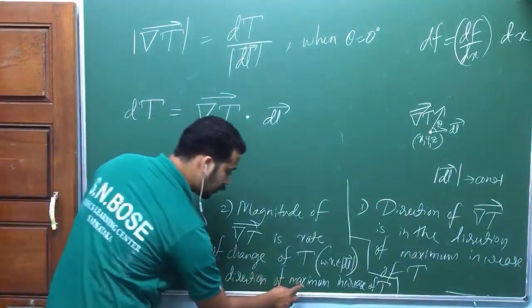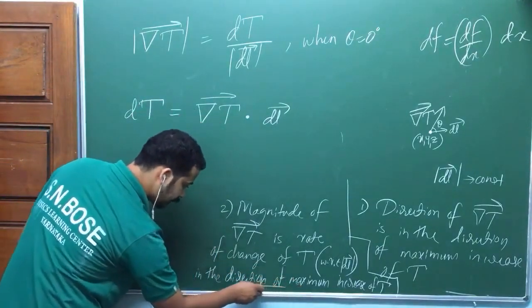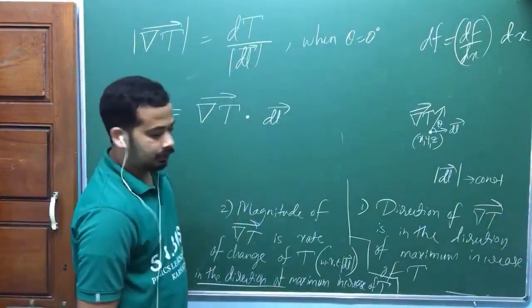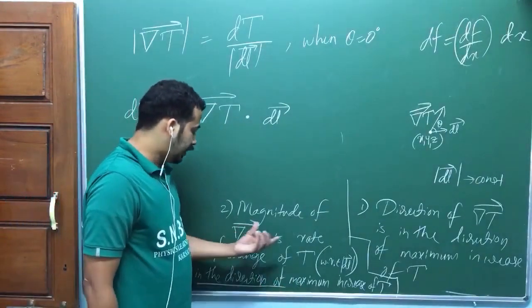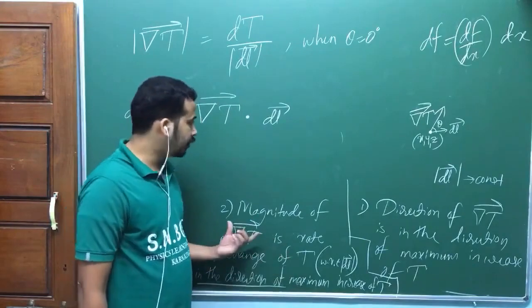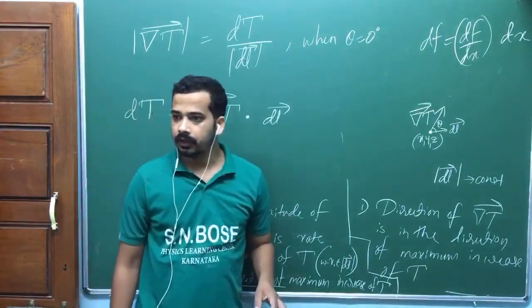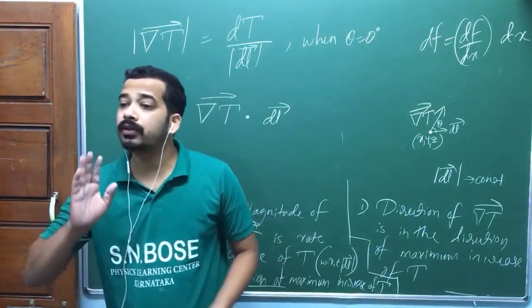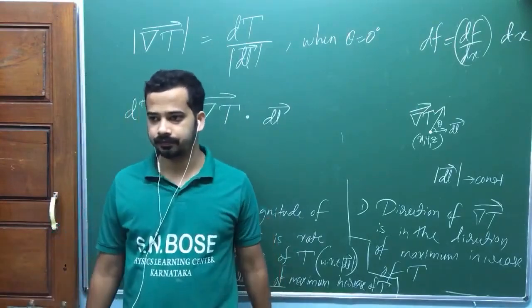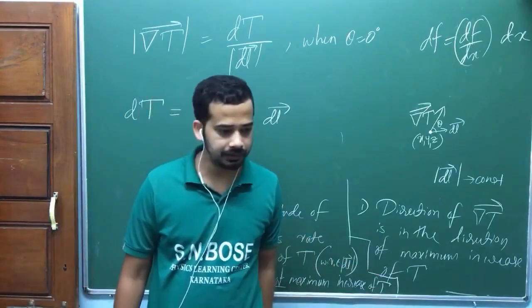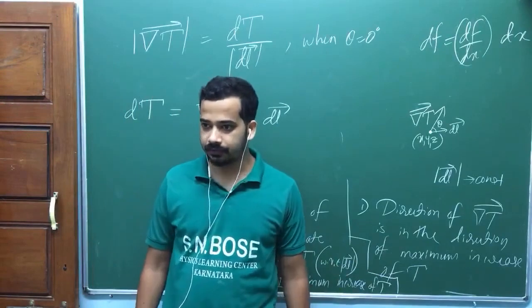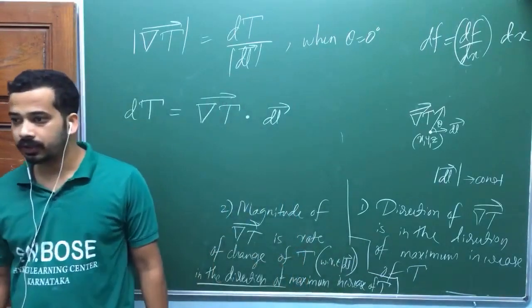Again, don't concentrate only on this one. I'm saying this is a rate of change of t, am I right? Magnitude of this one is a rate of change of t. Rate of change of t depends on the direction, isn't it? That's what I started with.